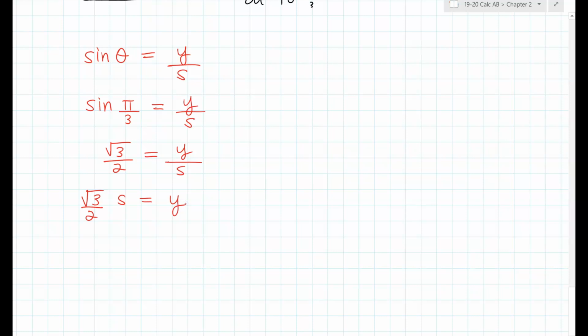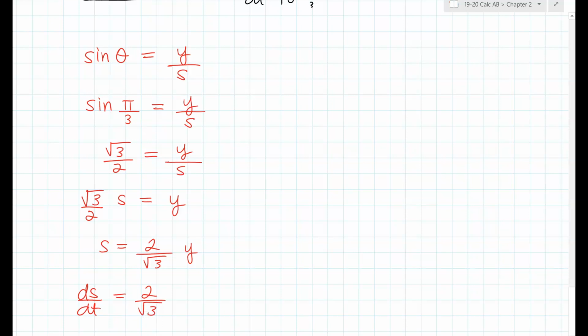Now, since my goal is to get ds/dt, maybe I should get that rad 3 over 2 and throw it to the other side as well, so at least there's an s by itself. So s is equal to 2 over radical 3 times y. And now when I take my derivative, I'm going to have ds/dt immediately. So ds/dt is equal to 2 over rad 3.